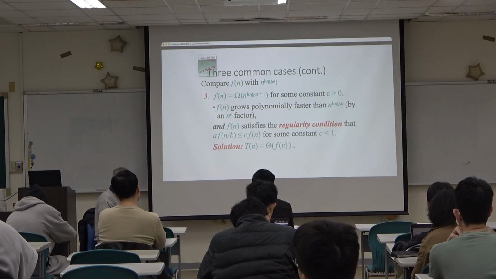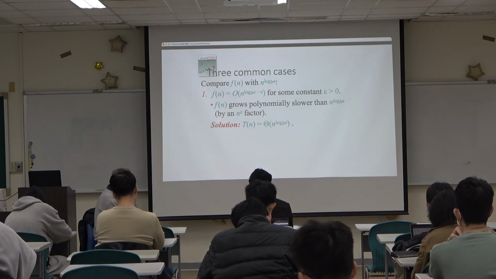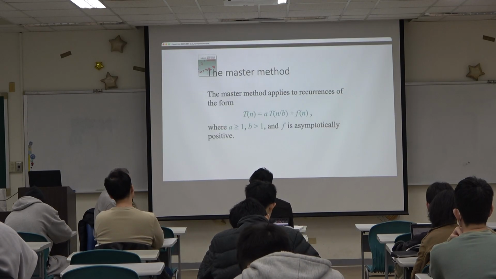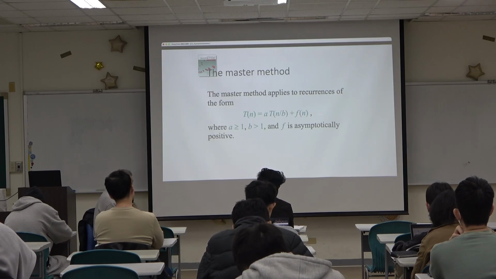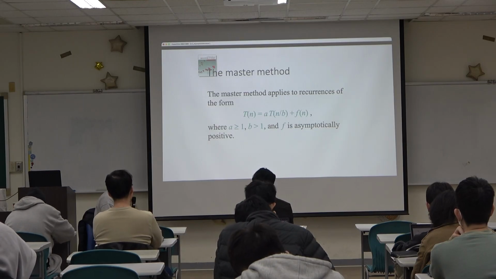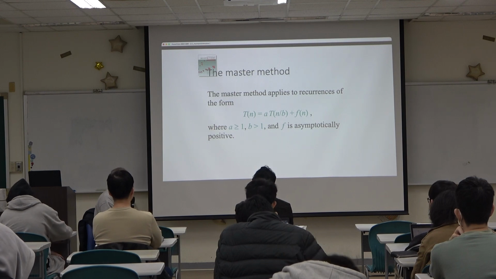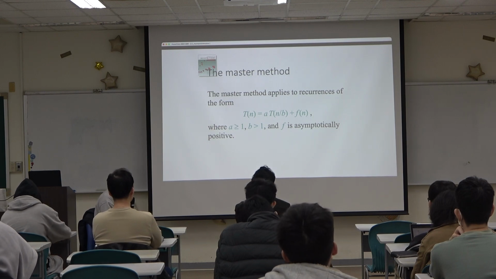So when the form of your recurrence relation satisfies this format, is it guaranteed that you can use the master theorem to solve it?